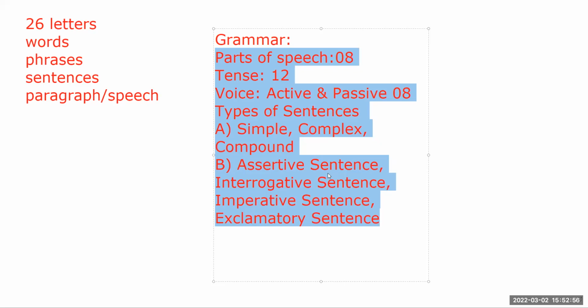You learn it, you study it, but while speaking don't think of grammar, because first of all, if you're thinking about grammar, your time will be spent thinking about which part of speech, which tense, which voice, which type of sentence, and how to make the sentence. You're struggling with that only, and the content that you have to speak, you are neglecting entirely.